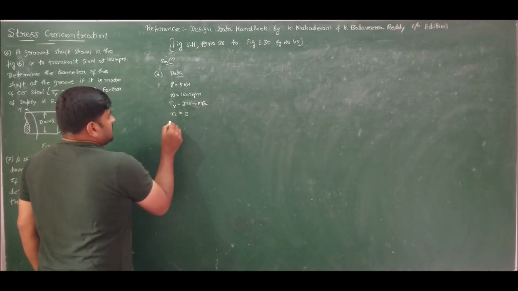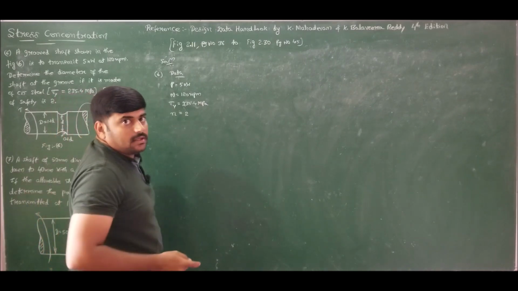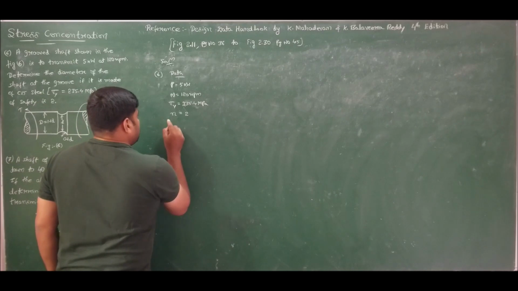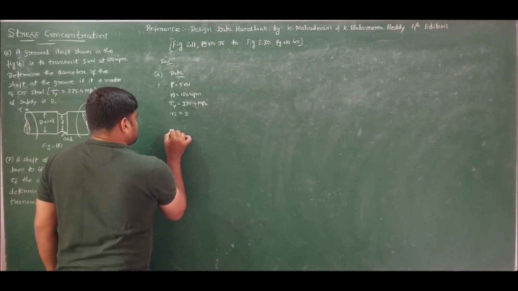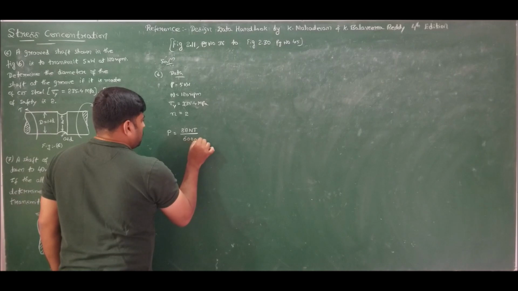Since power and rpm are known, I can find the torque by the general relation P is equal to 2 pi NT by 60,000. So let me determine the torque first. Power is equal to 2 pi NT by 60,000 for kilowatts.